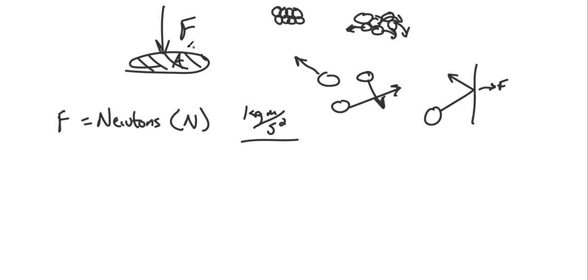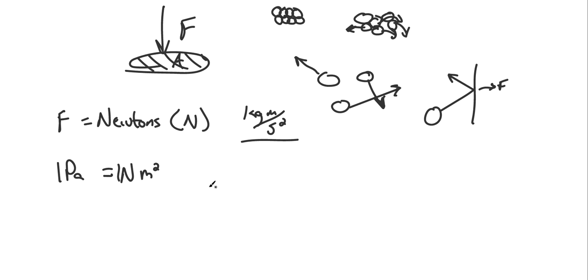So if we have newtons over an area, we've got newtons per meter squared. Area is metrically meters squared. That equals a Pascal, Pa. Pascals are a way that we denote pressure from gases.